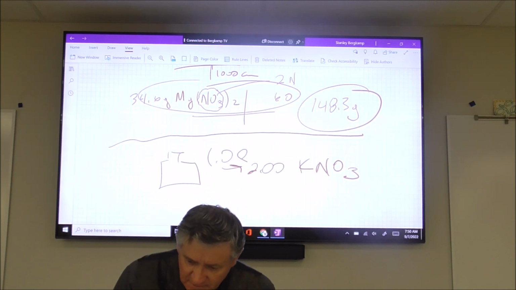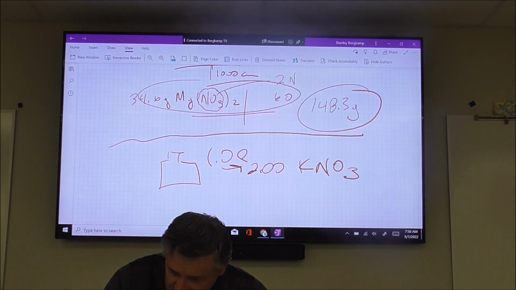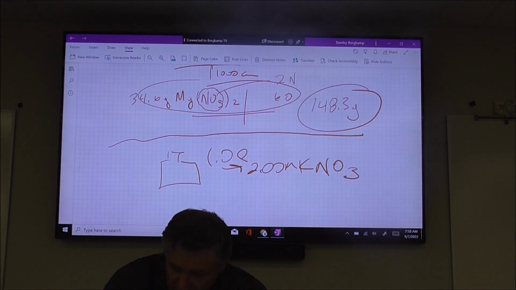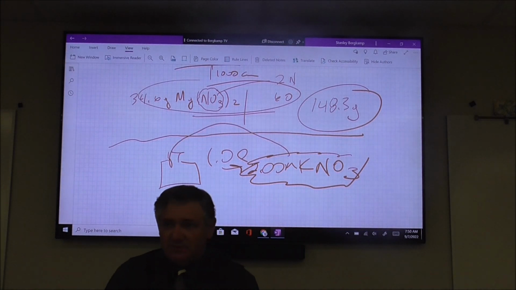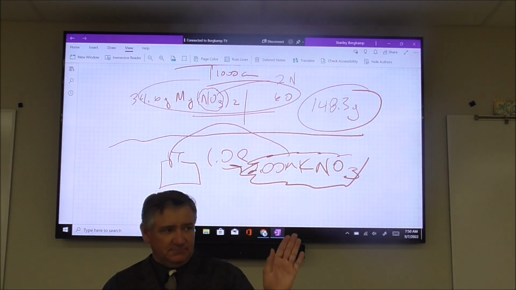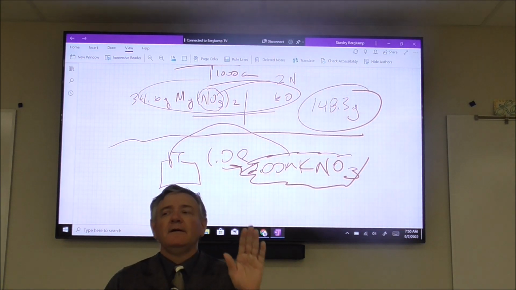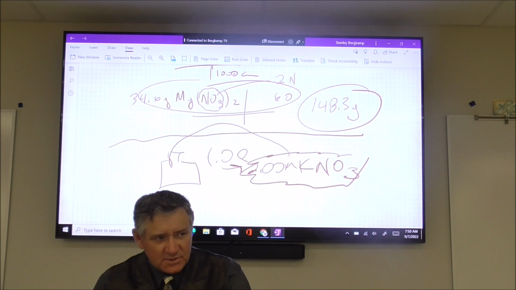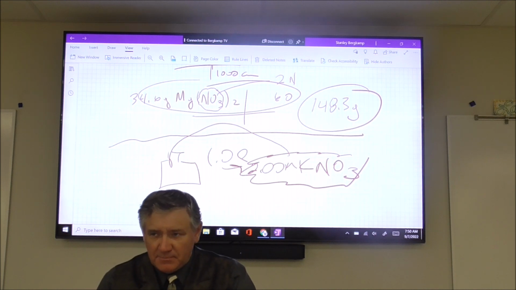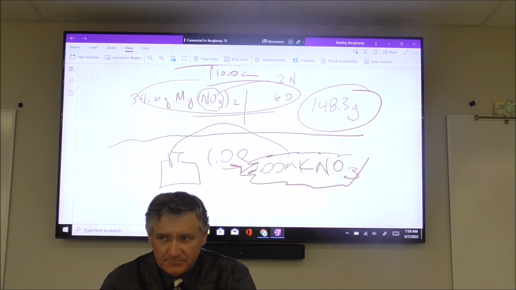And because it is a 2 molar solution, that means within this volume, I have to put in 2 moles. But here's the problem. In what units do your electronic balances measure, moles or grams? Grams.